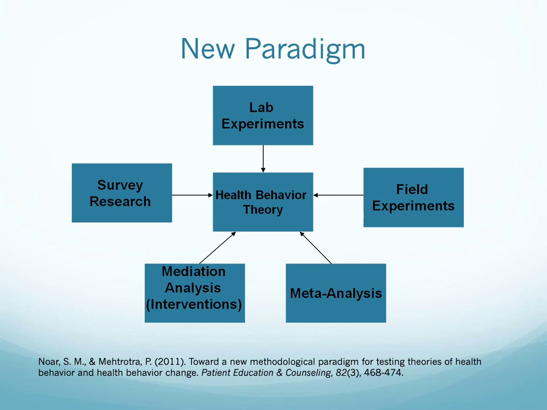We've recently suggested a new paradigm where survey research still plays a role, but we also have several other methodological techniques that are used to test health behavior theory, including lab experiments, field experiments, mediational analysis and interventions, and using meta-analyses of these different techniques. This way, survey research gives us some clues as to what those important factors may be, but we can test them in stronger designs using experimental approaches.